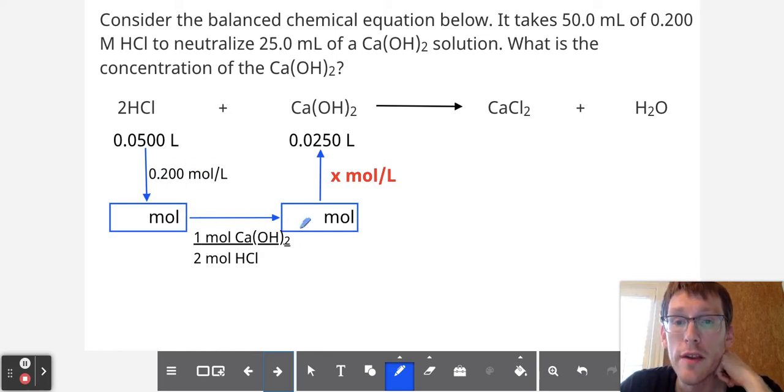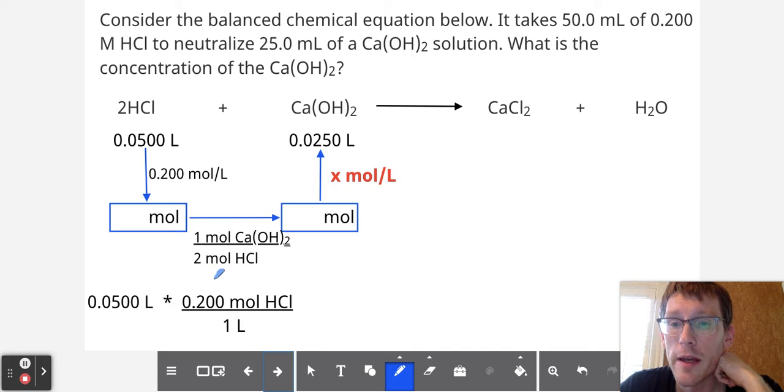And that brings us in this direction. So by this point, I think the mapping probably makes a lot of sense. We still have to figure out how we're going to figure out that conversion factor. And here's my advice on that. So we're going to start with the 50 mL, multiply it by the molarity of the HCl, and then we will multiply that by the mole ratio.